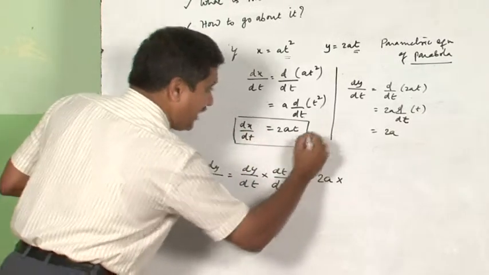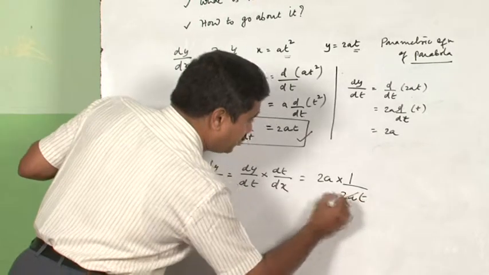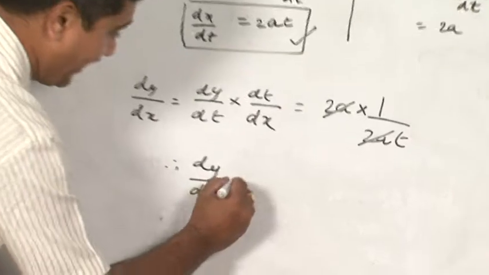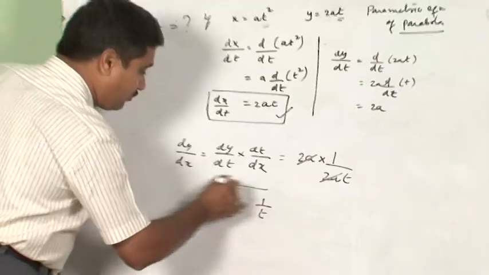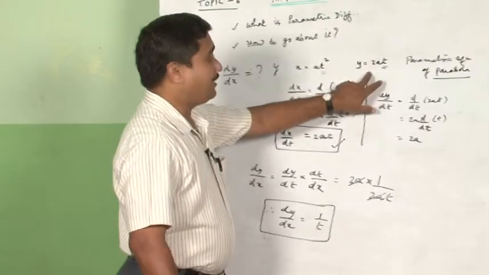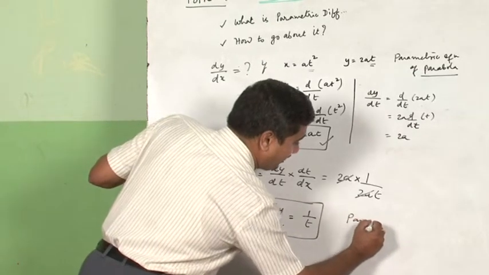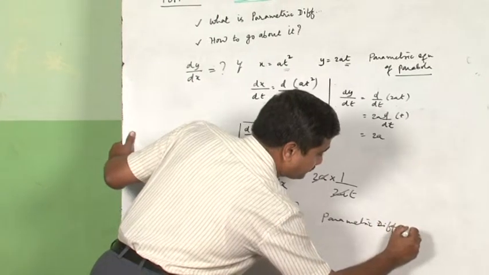That means this value has to be taken in the reciprocal manner. So, 1 by 2at, the 2a and 2a cancel, therefore, dy by dx is equal to 1 by t. Now, this is exactly what we call the differentiation of parametric equations. We call it parametric differentiation.